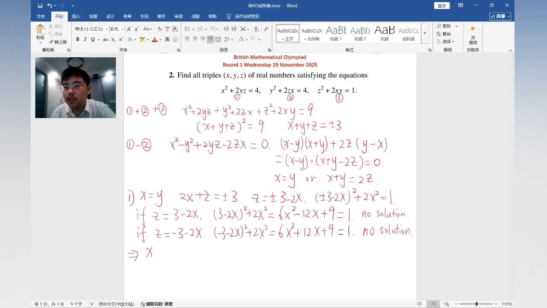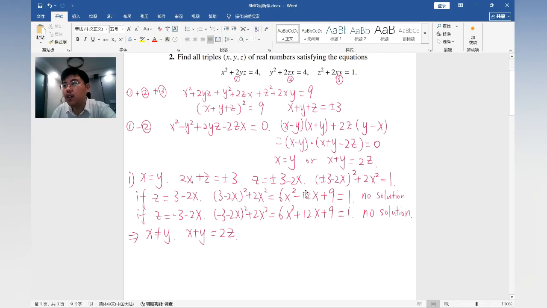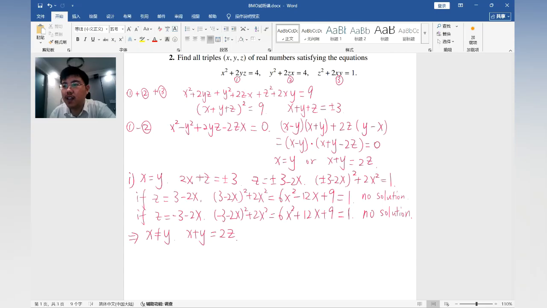So then we know x is not equal to y, and x plus y equals to z. Okay, so with sophisticated analysis, then we can find the final answer.